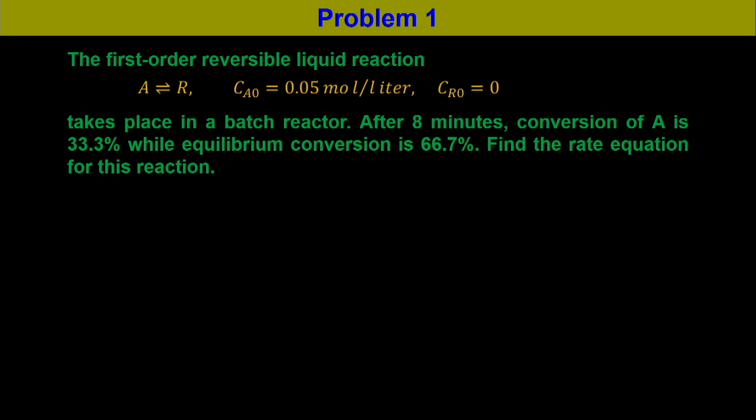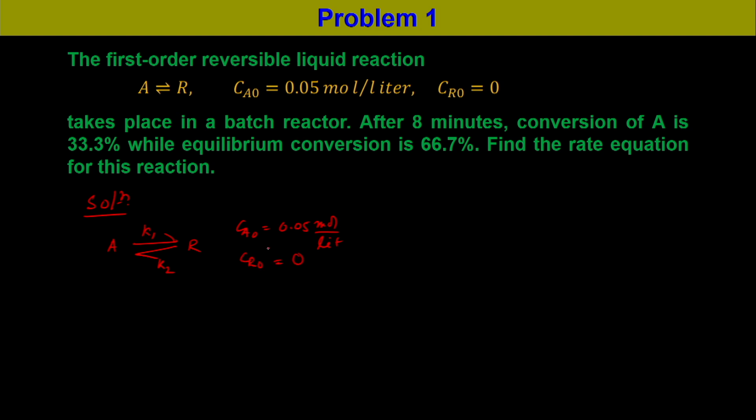So, the solution for this we can do. We have reversible reactions A to R. Let us consider the forward reaction rate constant is k1 and the reverse reaction rate constant is k2. It is given that C_A0 is equal to 0.05 mole per liter and C_R0 is equal to 0.